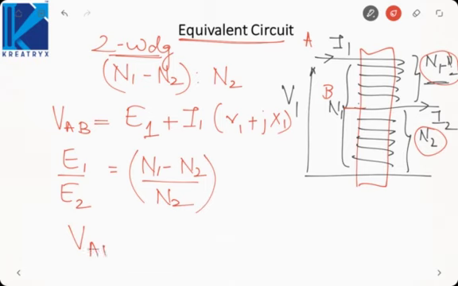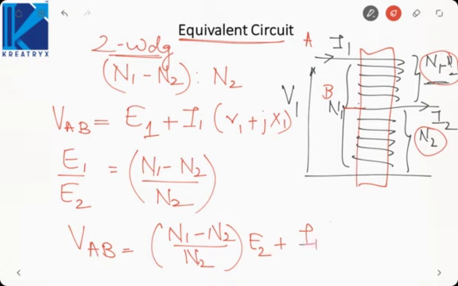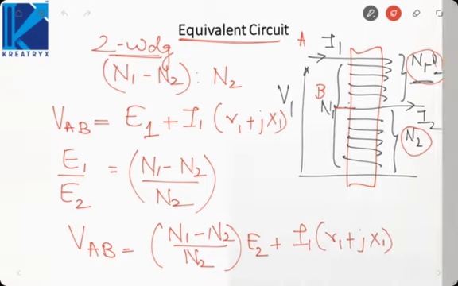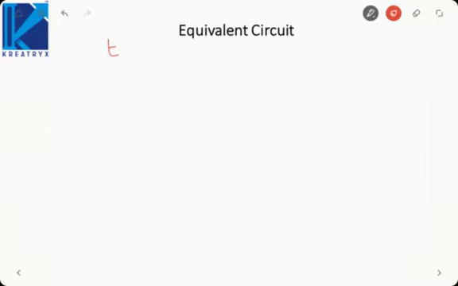So we can write VAB is equal to E1 replaced by N1 minus N2 by N2 into E2 plus I1 into R1 plus jX1. Now this E2 can be written in terms of V2 as E2 is equal to V2 plus I2 into R2 plus jX2.